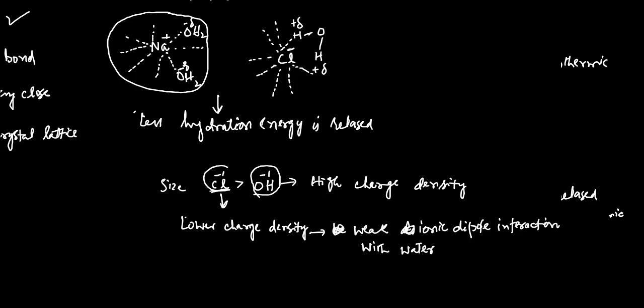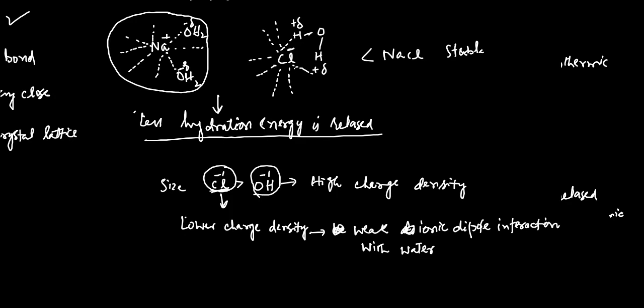So therefore the hydration energy released in the case of sodium chloride is less than sodium hydroxide. So what we can say is that sodium chloride would prefer to be in this way rather than this. This is the more stable way, when sodium and chloride ions interact through the ionic bond, than when they are separated.